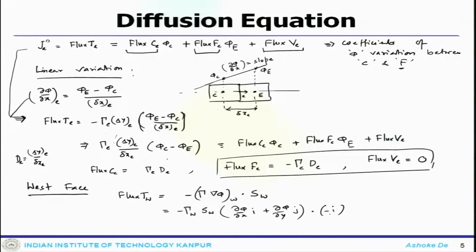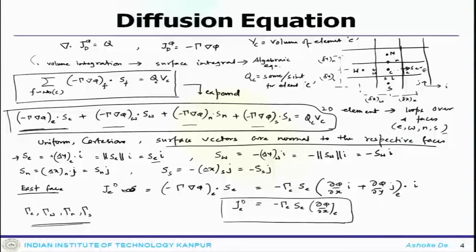So, this is as per our definition of S W. Okay. So, S W is minus i.